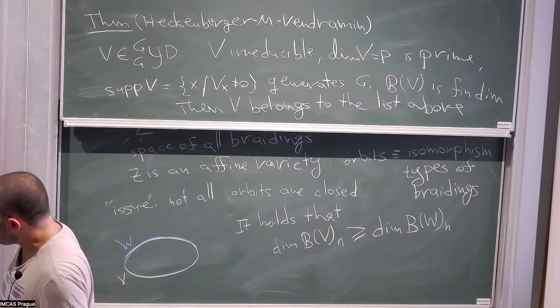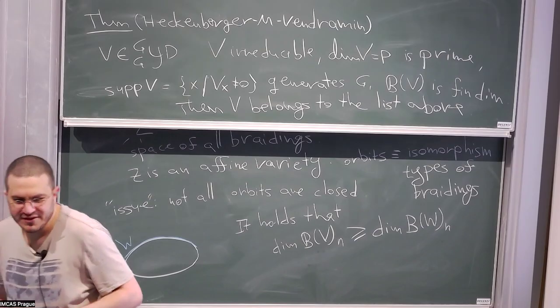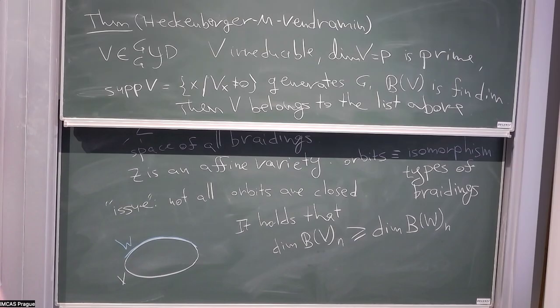And this formula actually makes perfect sense in every characteristic, because all the things that I have here are just defined by integers. So what we did was to look at what happens in characteristic p. Then there is a similar argument saying that if the Nichols algebra in characteristic p is infinite dimensional, then the original was infinite dimensional as well.